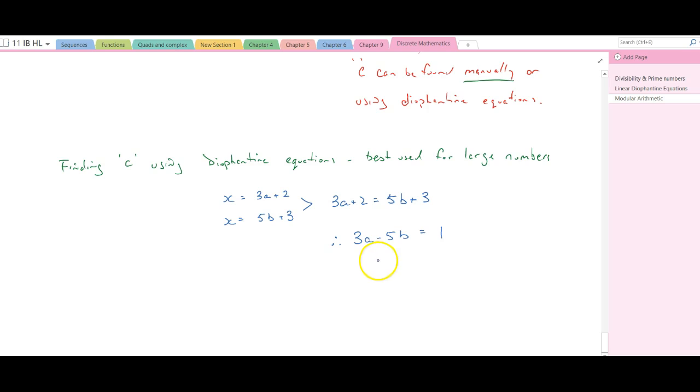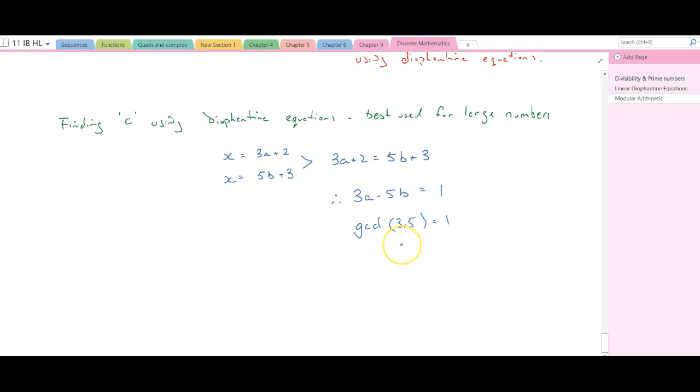Now Diophantine equations, remember, look for integer solutions to equations. We can find them if the greatest common divisor of our 3 and 5 is equal to this value here of 1. In this case, our GCD of 3 and 5 is equal to 1, so we're okay.